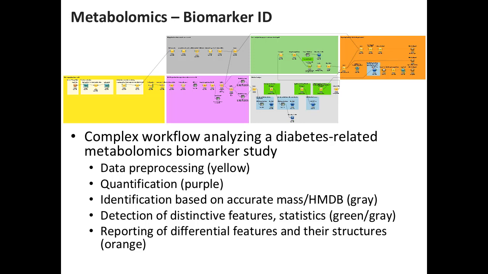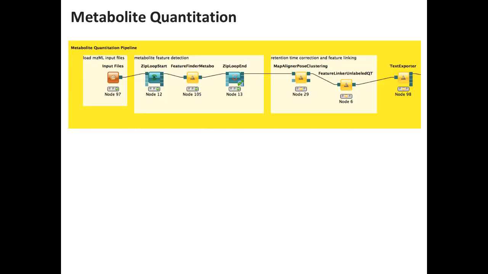And here it comes in handy that KNIME was originally designed for cheminformatics, to work with small molecule structures. So KNIME has this built-in visualization of structures already. And that makes it very easy to then also give us a results list where we can see the structures of these identified metabolites. So let's look at some parts of this workflow.